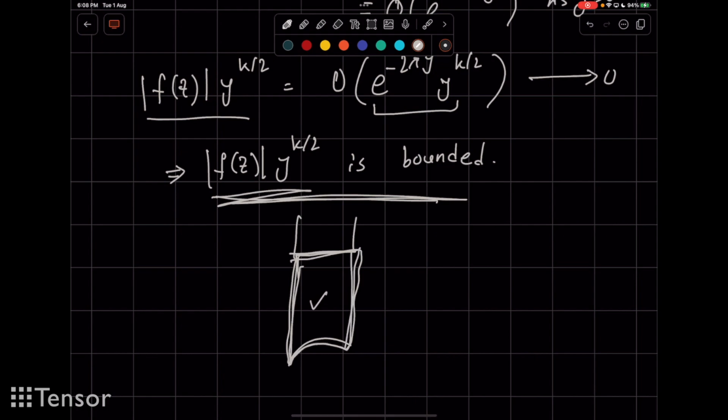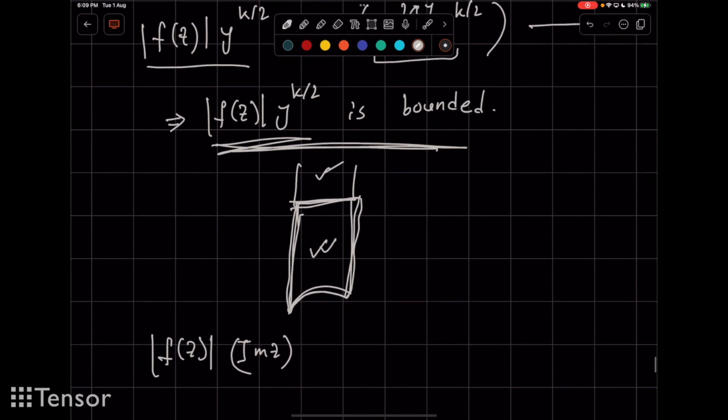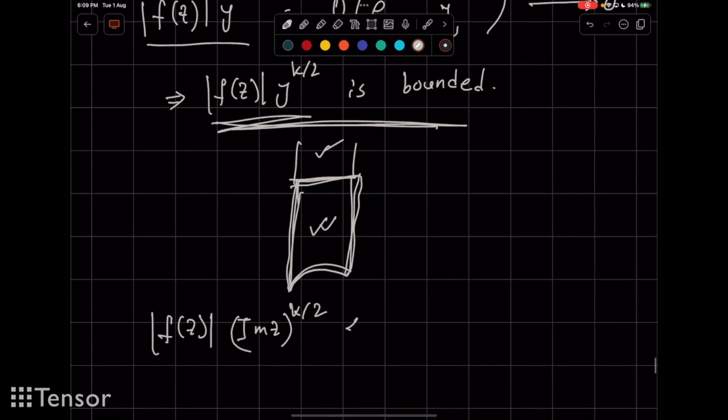So it's bounded by some constant here, bounded by 1 here, so it's everywhere bounded. Okay. So therefore, f of z times the imaginary part of z raised to the power k over 2 is bounded by some constant c, and this is true for all z in the upper half plane.